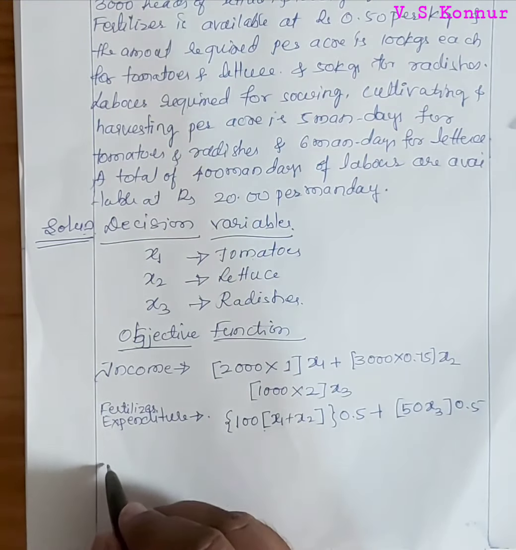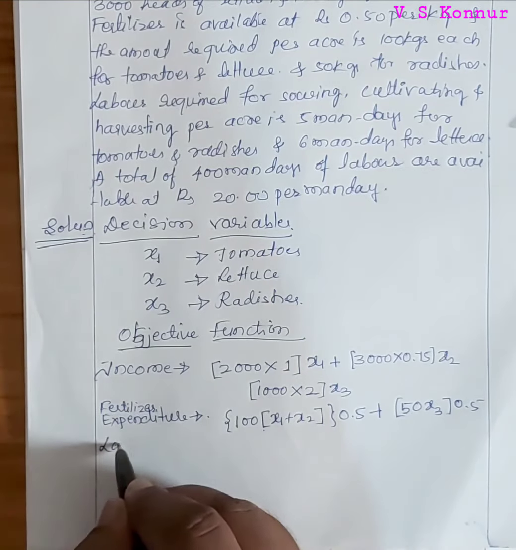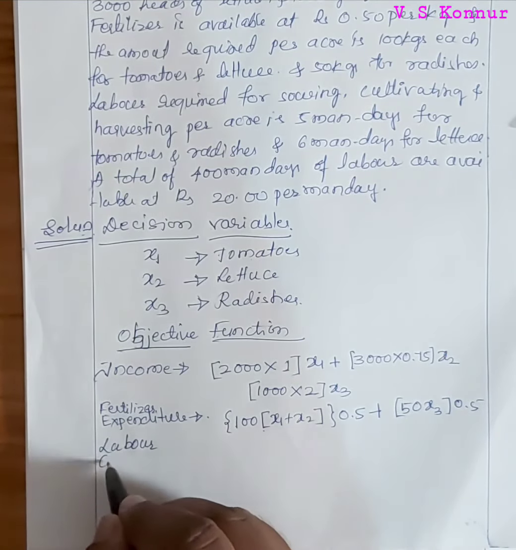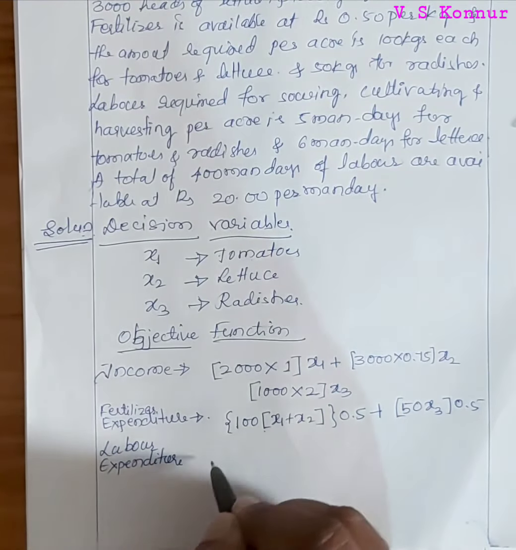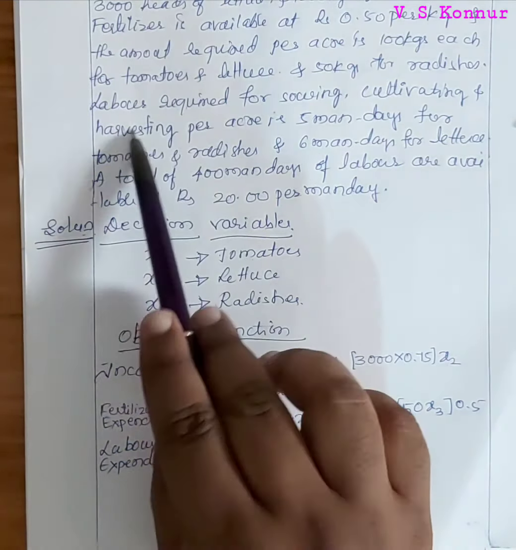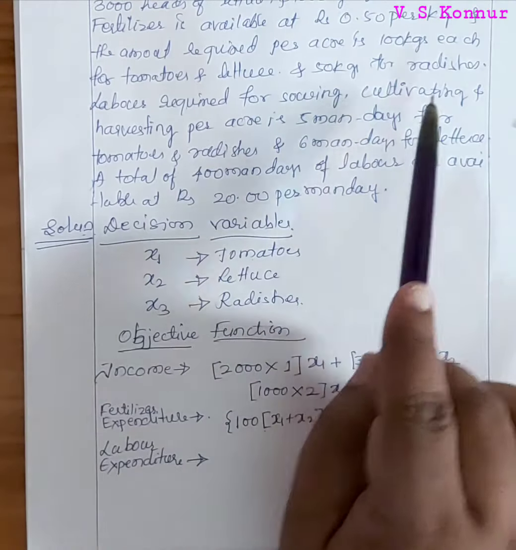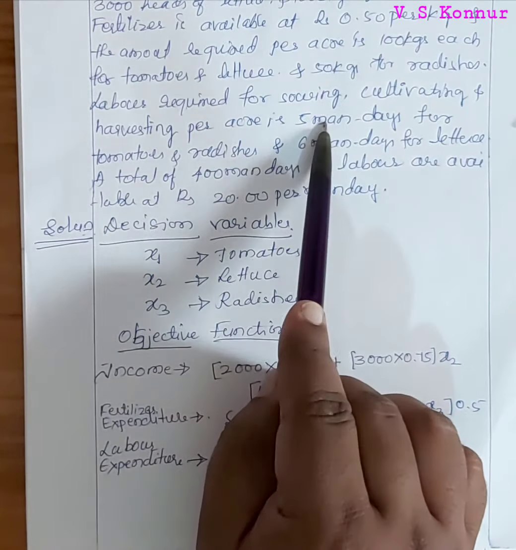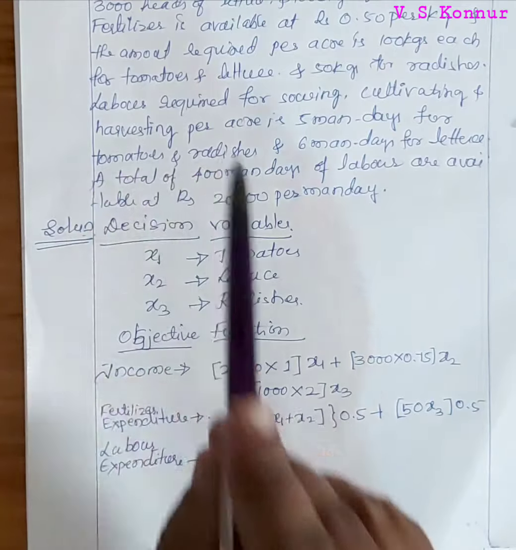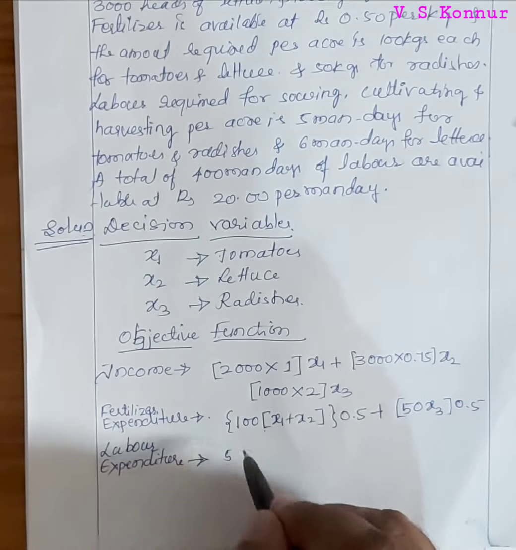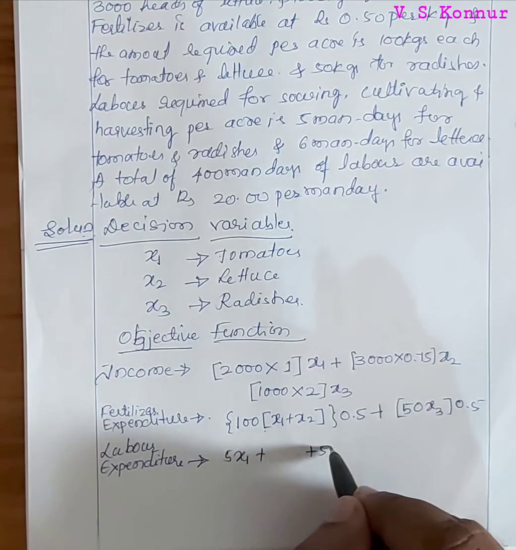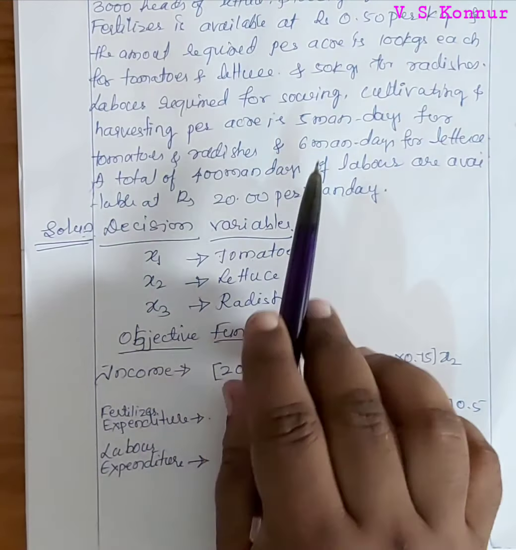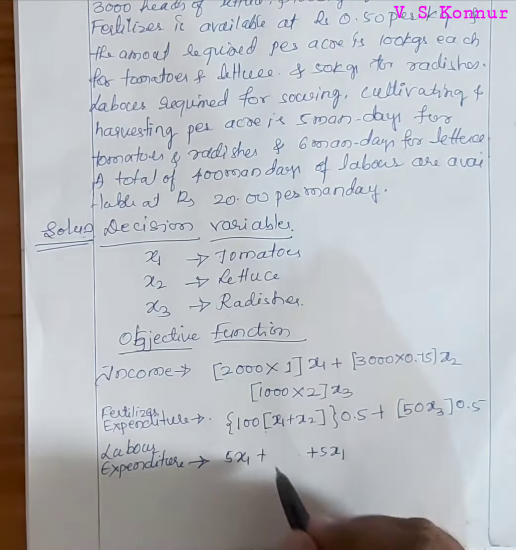Then the other expenditure, labor expenditure. It is given that the labor required for sowing, cultivation and harvesting per acre is 5 man days for tomatoes, 5 man days for radishes, and 6 man days for lettuce.